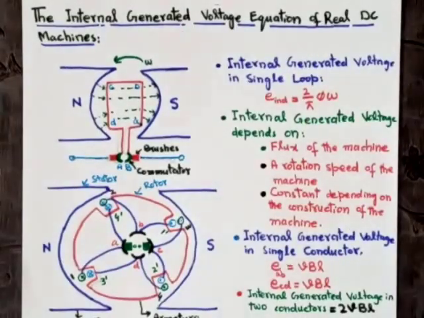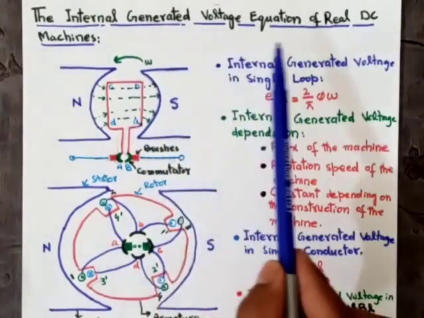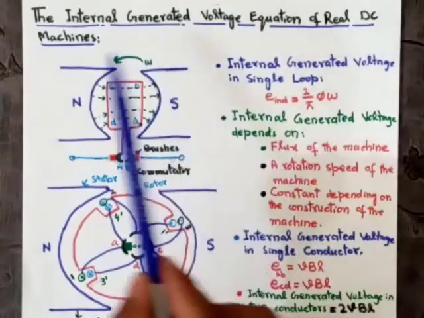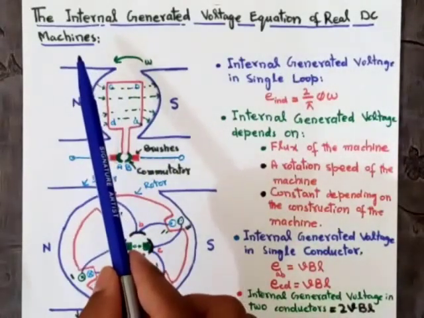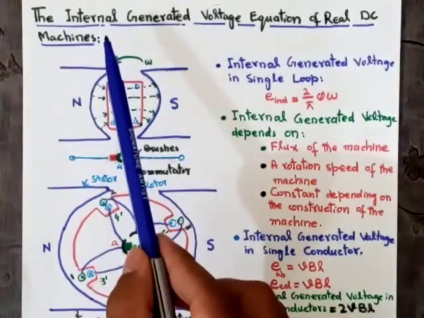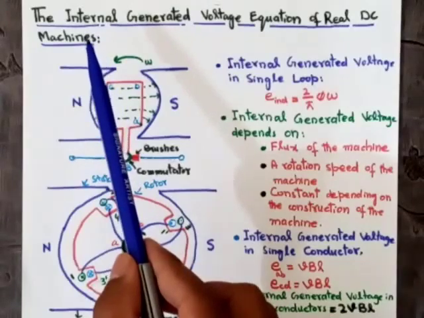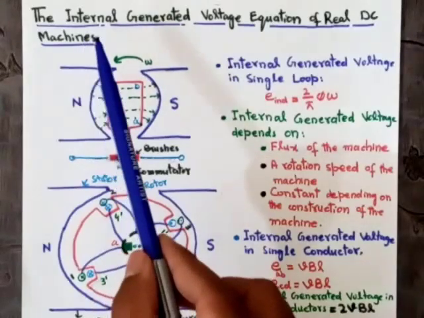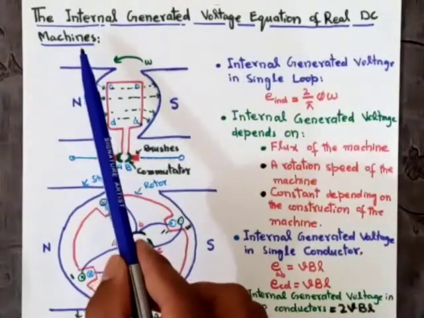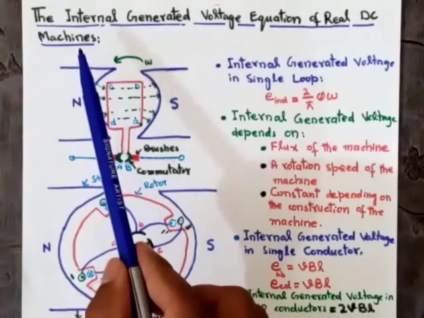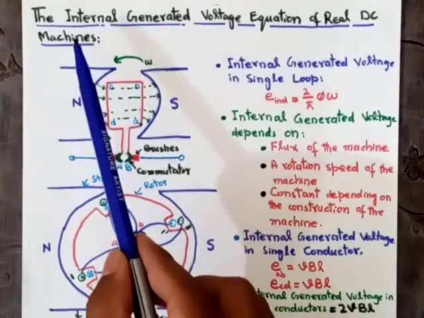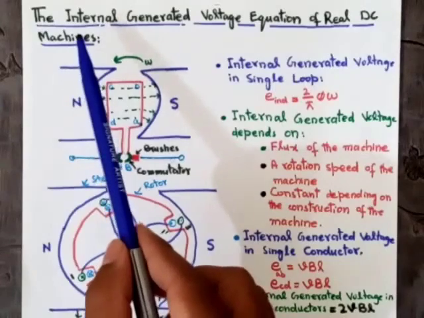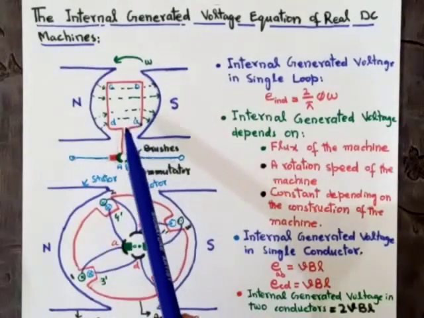Now, first of all, we will discuss the internal generated voltage equation of real DC machines. That is, how can we calculate the internal generated voltage equation in the case of real DC machines? As we know, in real DC machines, there are a number of coils or loops instead of a single loop.